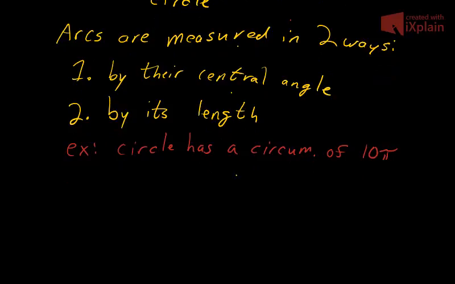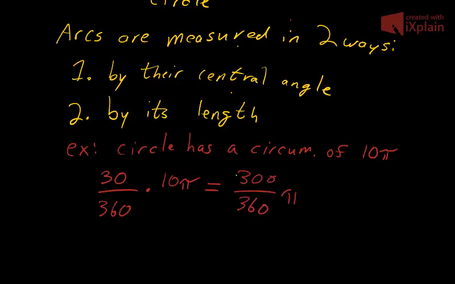But I'm only using 30 degrees of that. So that's how much of the circumference I'm using, and I'm going to multiply it by the total of the circumference. So my arc is this fraction of the total circumference, which is 10 pi, which is going to be, in our case, 30 over 360 times 10 pi, or 5 over 6 pi.